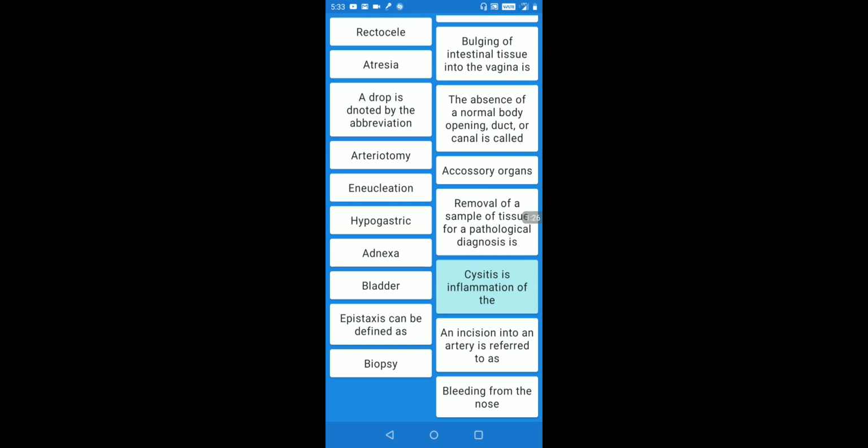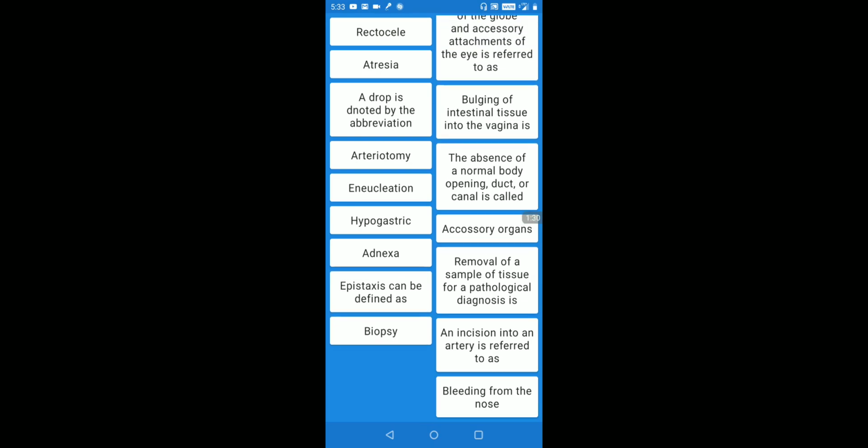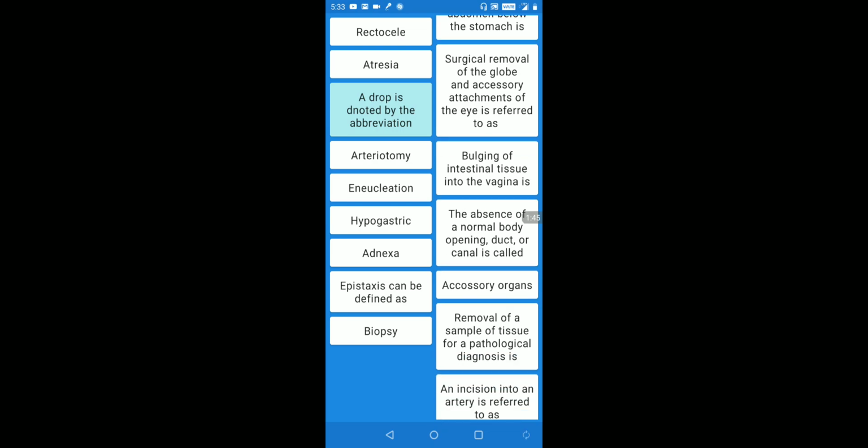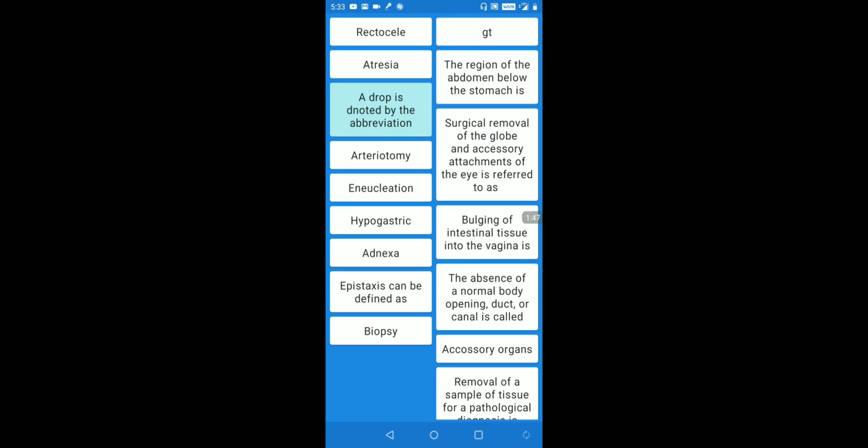This is information of the, I think it was bladder. Here it was, bleeding from the nose. A drop is denoted by the abbreviation GT.